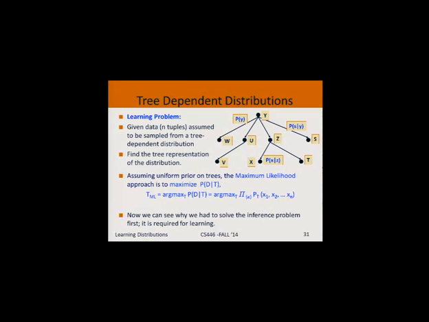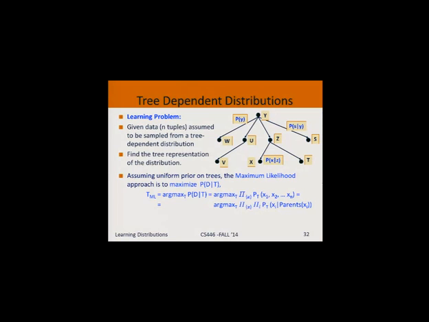And also we see why we had to solve the inference problem. So I want to just leave you with a puzzle. So, okay, so first of all, we know this, right? So we know that this argmax, because it's a tree, can be written here as the product over all variables of p of xi given their parents. Notice that we have two products here.